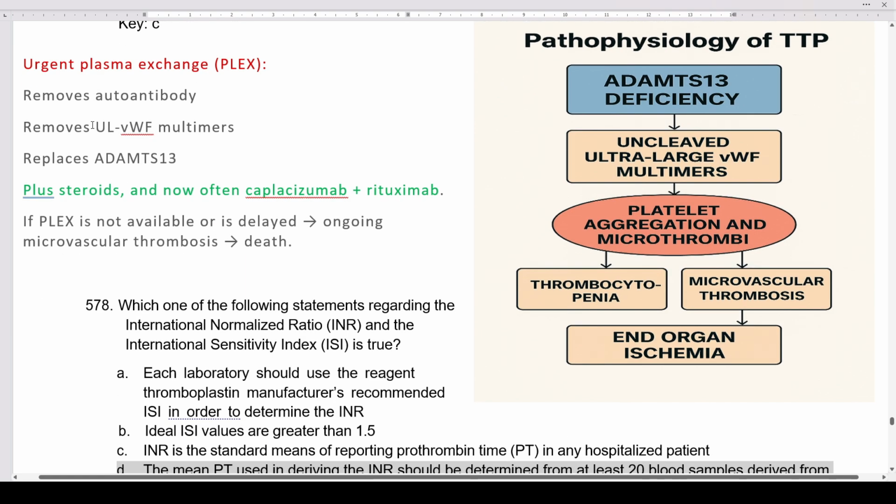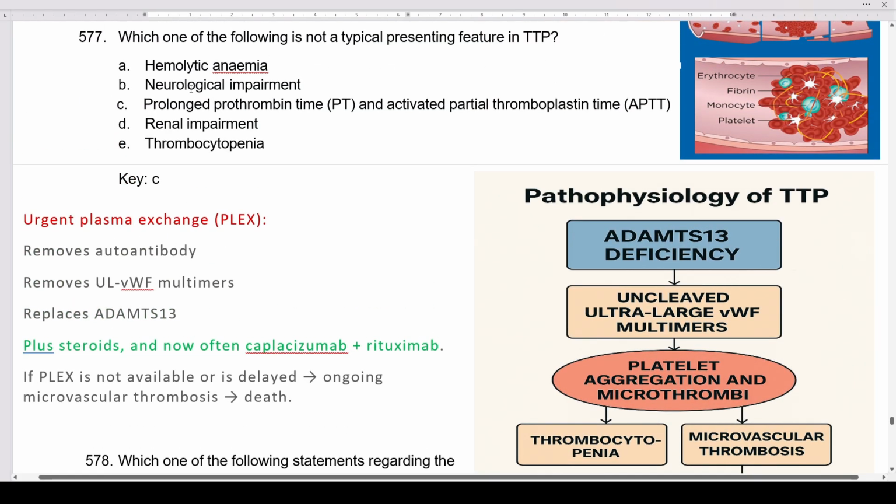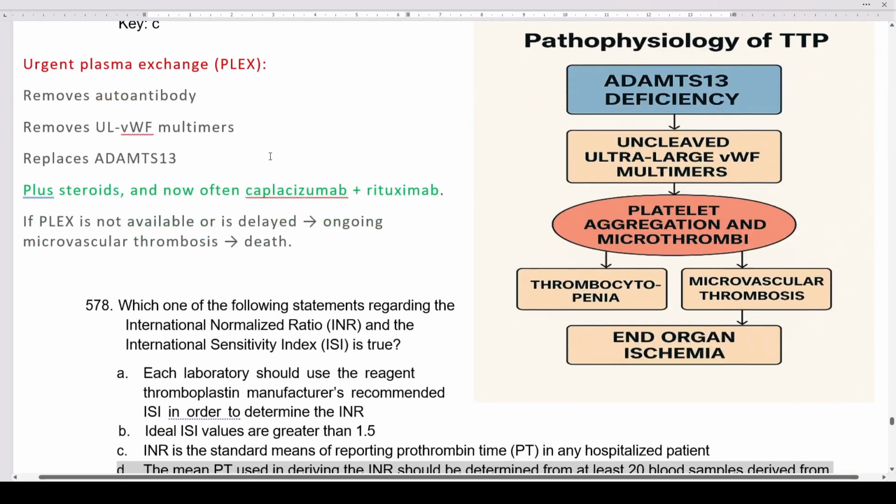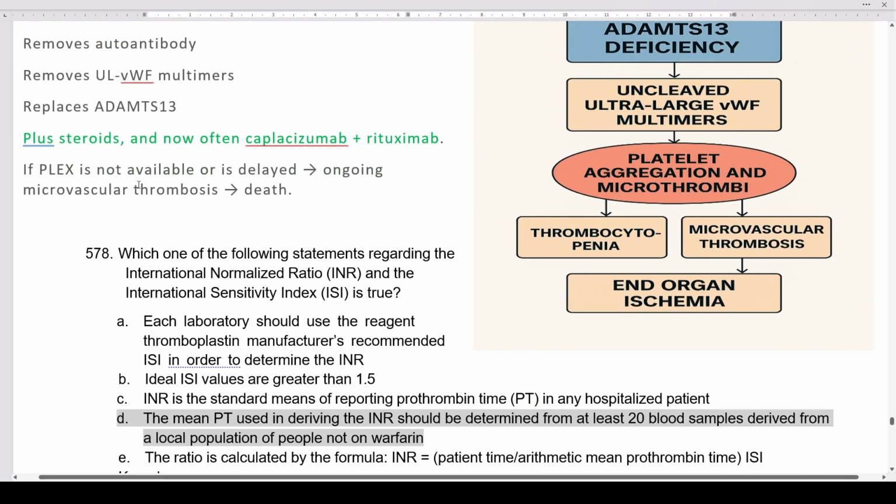Secondly, because autoantibodies are there, we will give steroids to the patients, and we can give caplacizumab plus rituximab. These are for the heme residents; for the others, I think this is enough. If PLEX is not available or is delayed, ongoing microvascular thrombosis will cause death.